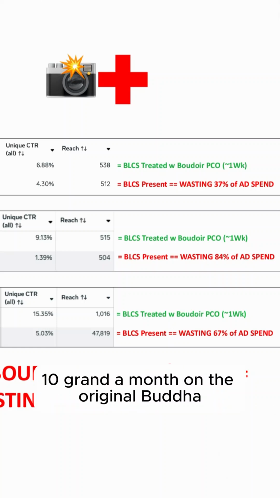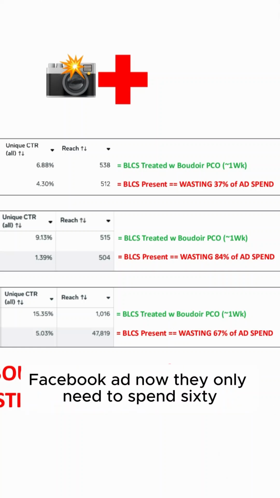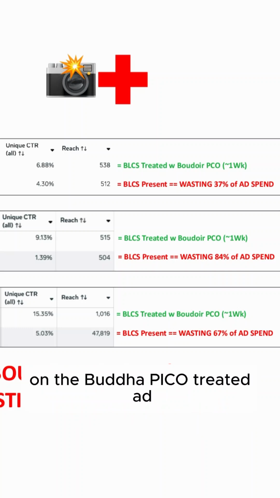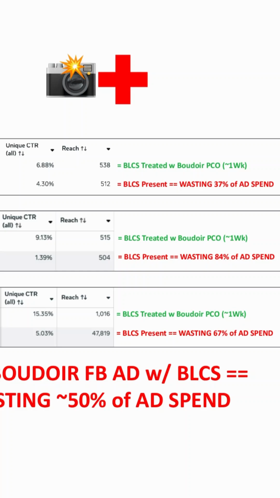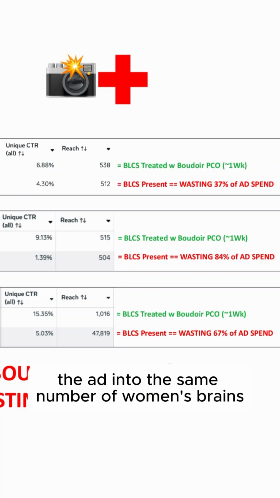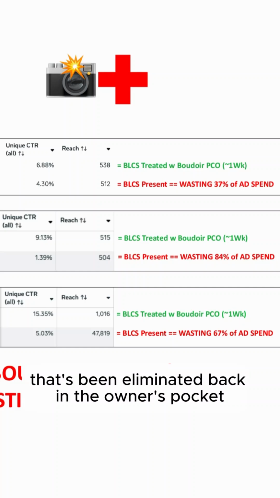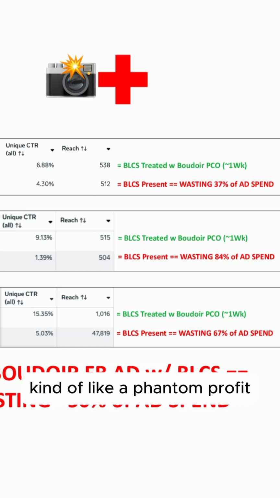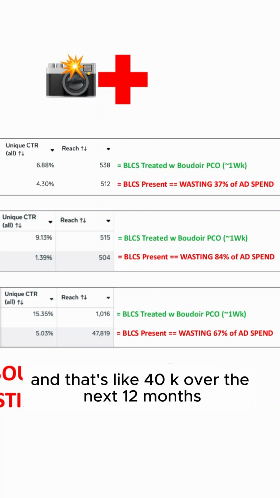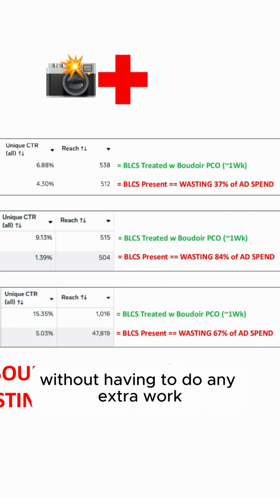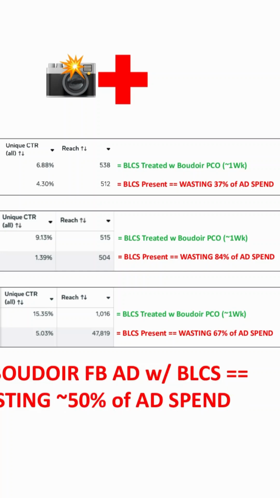If they're spending 10 grand a month on the original ad, now they only need to spend 6,300 bucks a month on the Boudoir Pico treated ad in order to get the ad into the same number of women's brains in both scenarios. So 3,700 bucks a month of wasted ad spend eliminated, back in the owner's pocket. They no longer have to spend it, kind of like phantom profit. That's like 40K over the next 12 months without having to do any extra work.